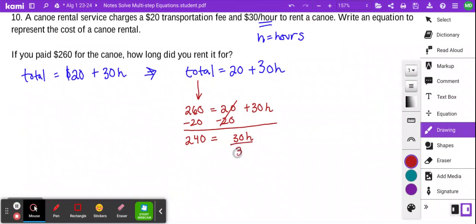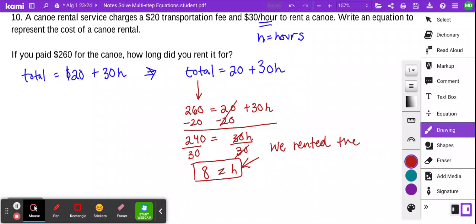Divided by our 30. And we're left with our 8. So what does this mean? H is in hours, so we rented the canoe for 8 hours.